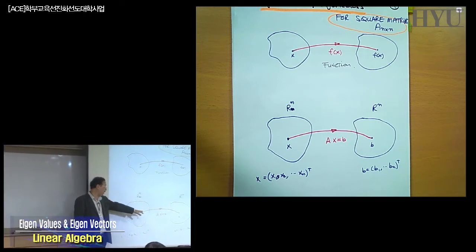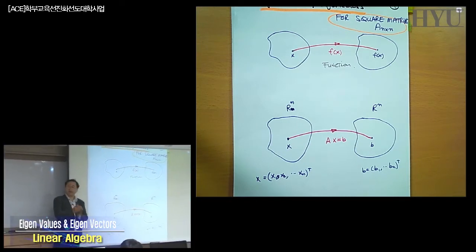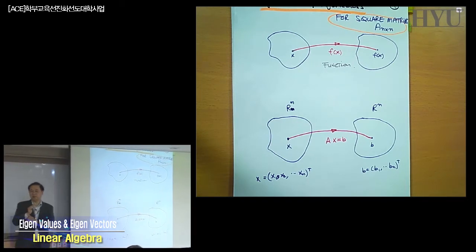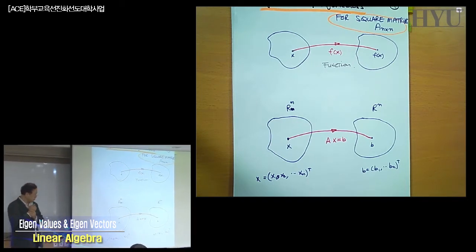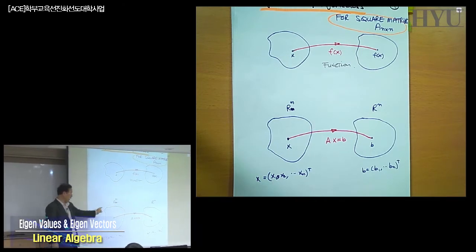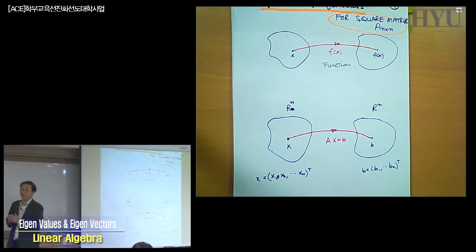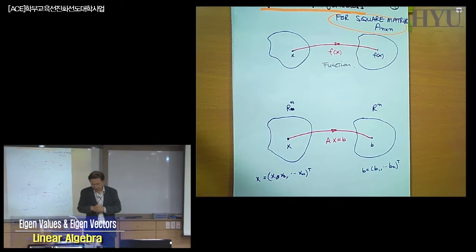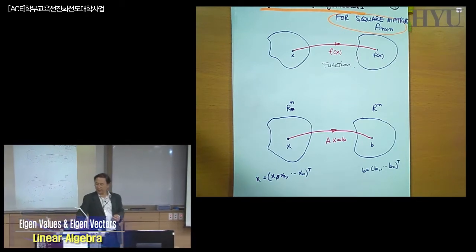When you apply A to vector x, they have the same direction. That's what we call an eigenvector. The scale is what we call the eigenvalue. It has nice properties, so that's why we are studying this area.